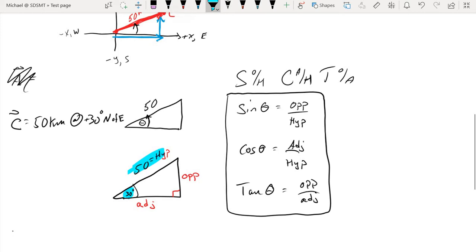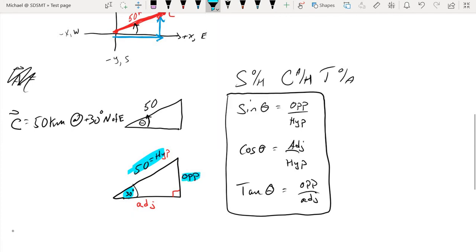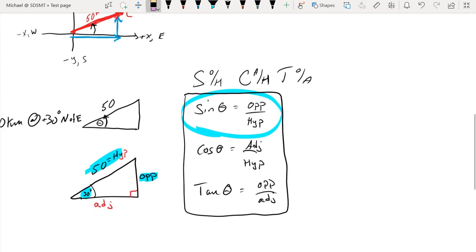So if I want to figure out what the measure of the opposite leg is, then I need something that involves those three terms. And that is going to be sine theta. Sine theta is opposite over hypotenuse.